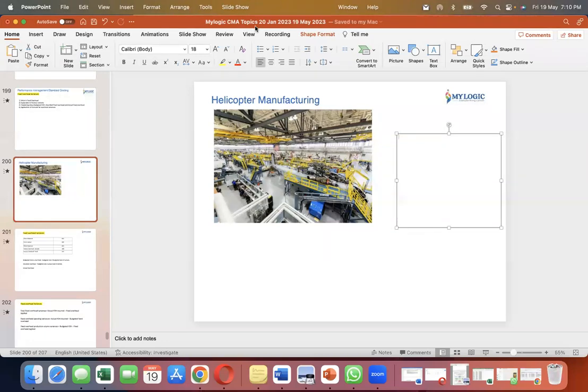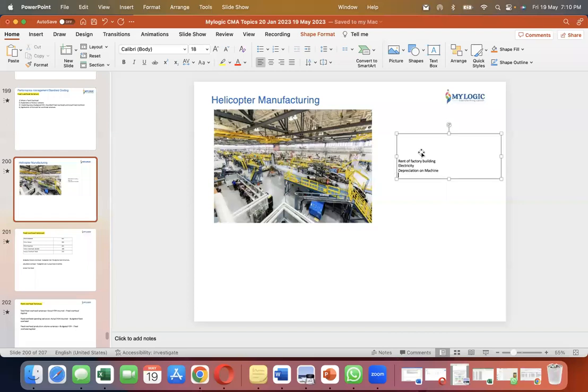Rent. Okay, let us be very specific. Rent of factory building. Electricity. Machinery. Because machine is basically an asset, can I put it as depreciation on machine?